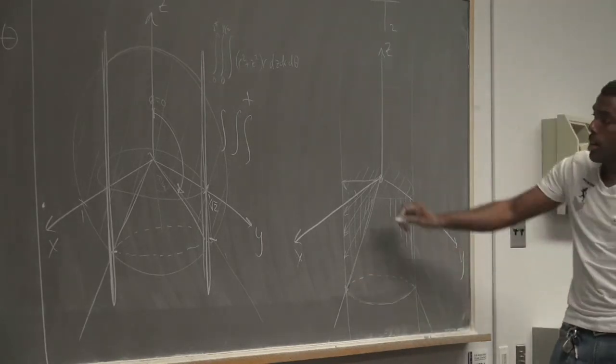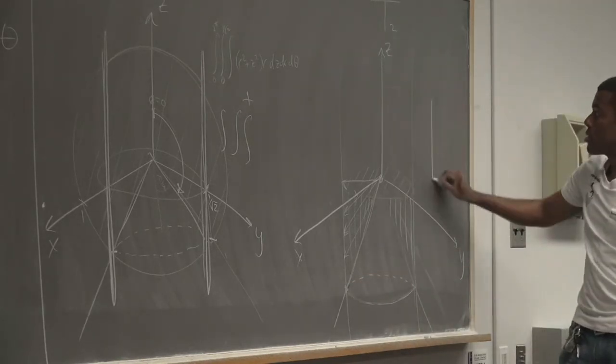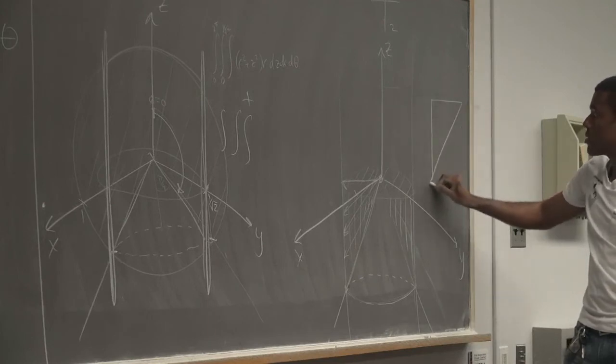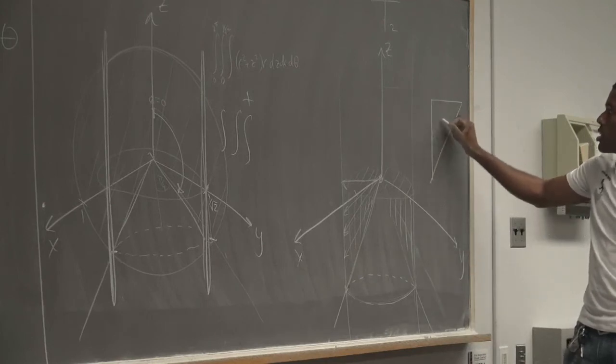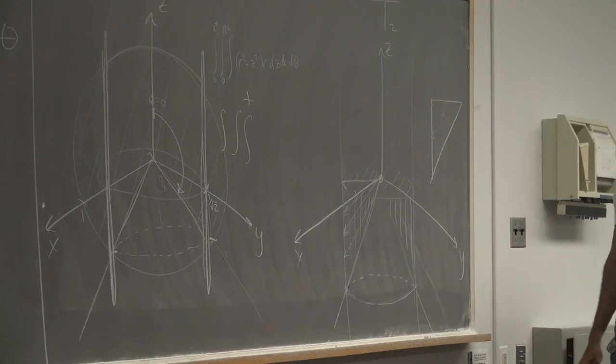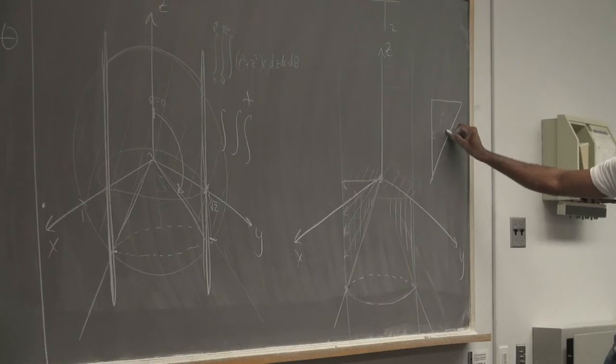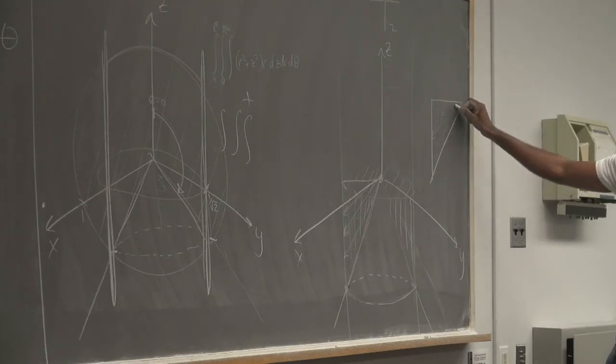You'd actually have to figure out a general formula for the distance here. If the distance measured here is rho, the distance here would actually be phi plus pi over 2.